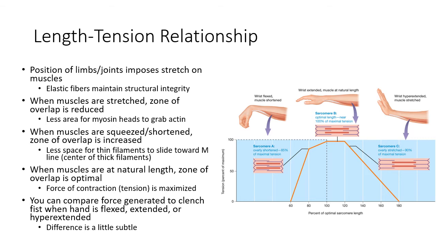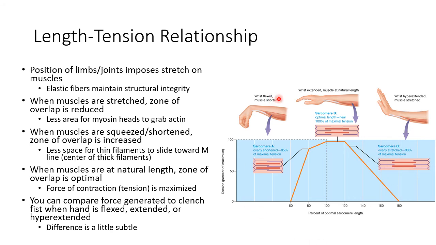So if your muscle is lengthened, like this muscle will be lengthened if you have stretched it out by extending your palm like that, then the myofibrils will be stretched, and your thick and thin filaments will only have a tiny little area where they're overlapping. If you start contracting at that point, there's not very many cross bridges that can form because there's not very many places where thin and thick filaments overlap. So you're not going to be able to make as much force.